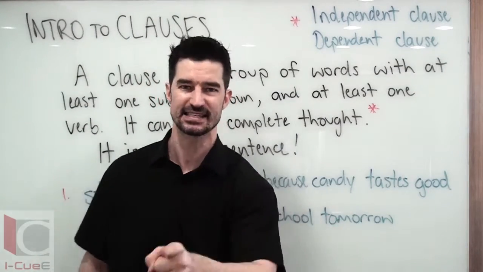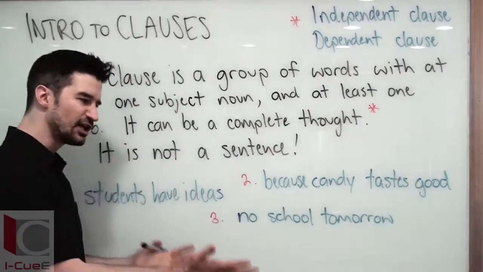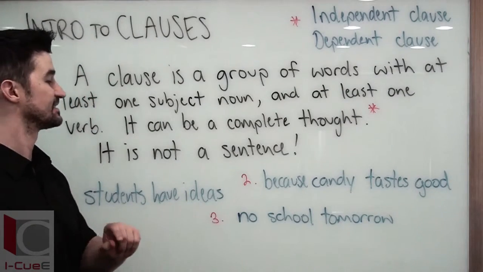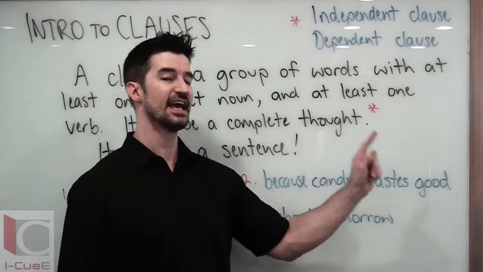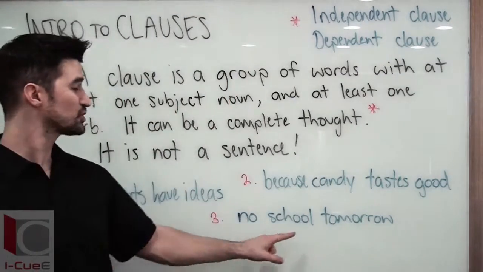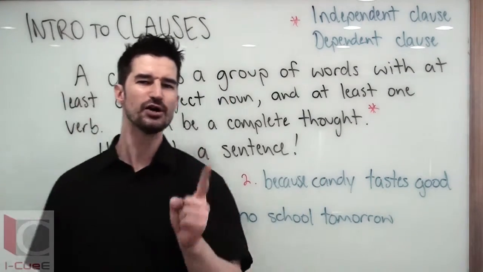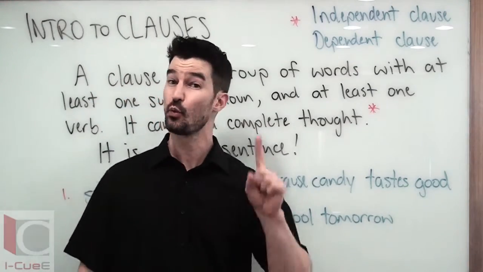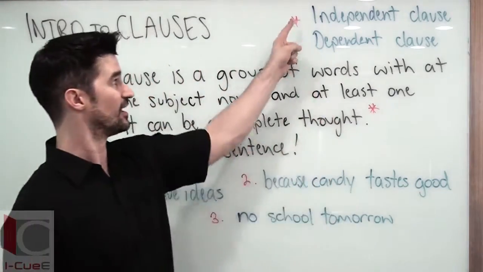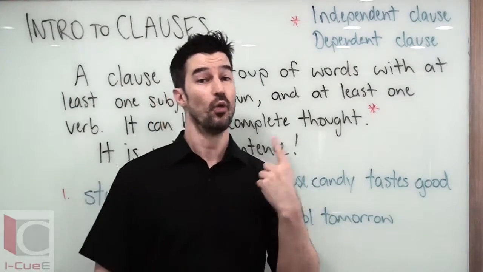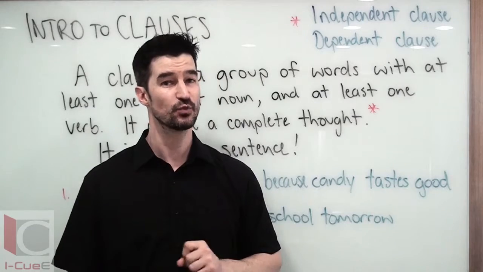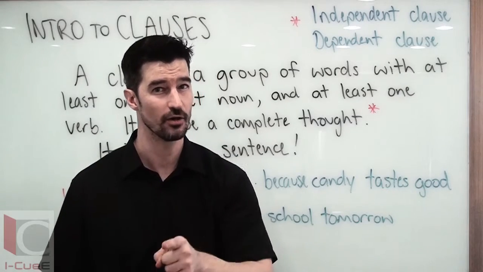Now, it's important to remember that even though independent clauses are complete thoughts, they are not sentences. They're missing something. So take a look at the three examples we have on the board. Students have ideas. Because candy tastes good. No school tomorrow. I want you to take a look at these three examples and try and figure out which one is an independent clause, which one is a dependent clause, and which one is not a clause at all.